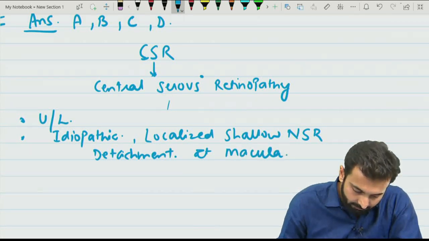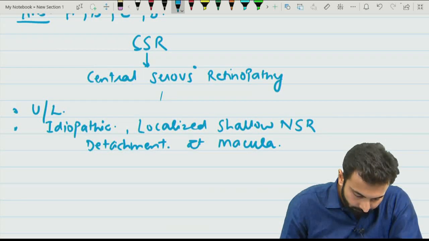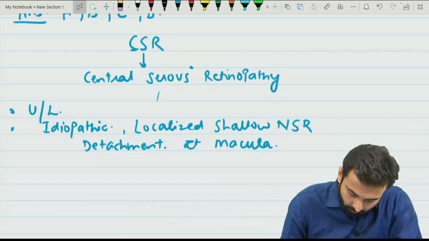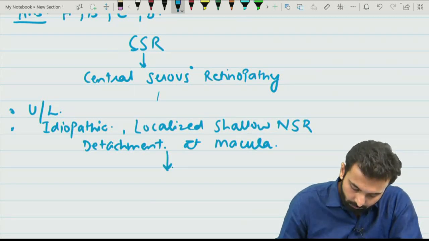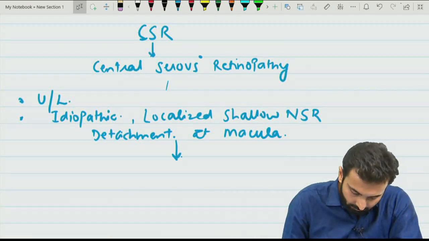So the detachment is at the macula. What happens due to this detachment? Why does this occur?